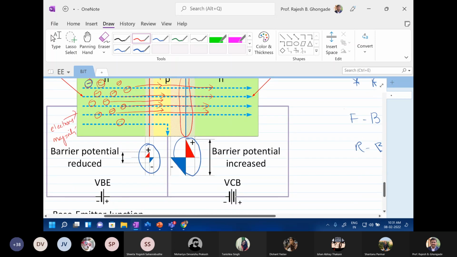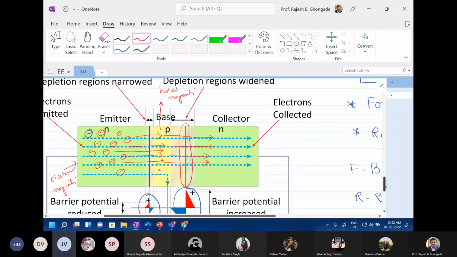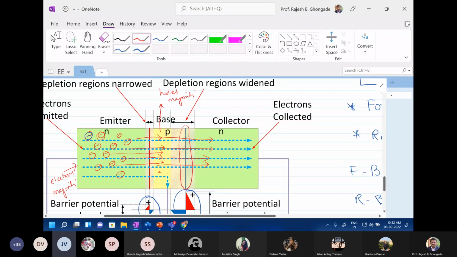Now there will be some. See that here you have holes, you have electrons, right? And these electrons are coming over here, and it is quite possible that some electrons and holes may recombine. So not all electrons emitted by the emitter will land up in collector.